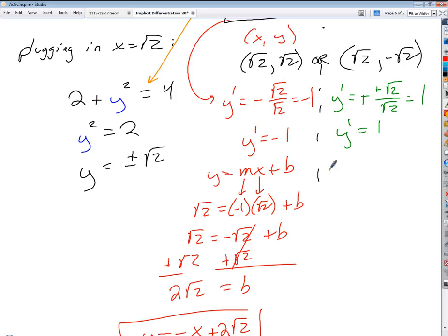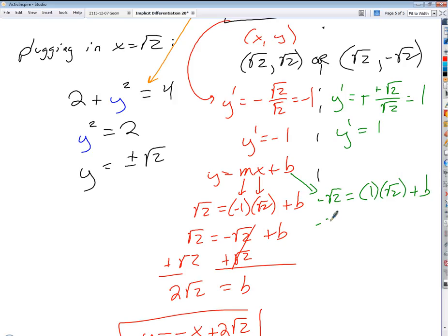So then I've got to solve for b. So same as before. I'm going to get my y value, which this time is negative the square root of 2, equals m is 1 times x was the square root of 2 plus b, right?